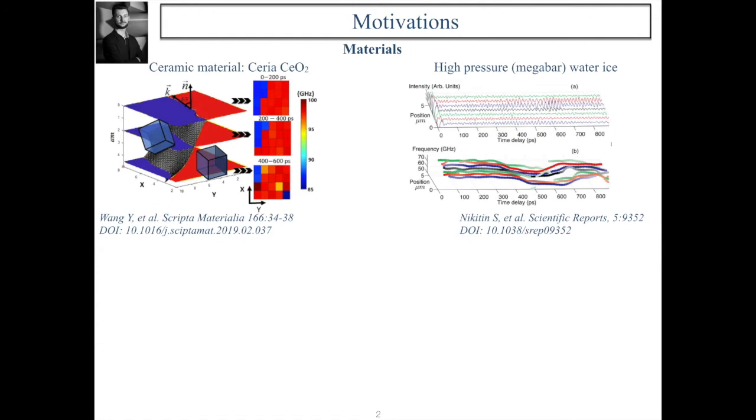Our goal is to recreate a 3D image of our sample from optoacoustic measurement. Here you have two examples of optoacoustic measurement realized on polycrystalline transparent material. Here you've got the example of a polycrystalline ceria ceramic material that was done by David Hurley's team in the US, and they were able to estimate the inclination between two differently oriented grains of the material.